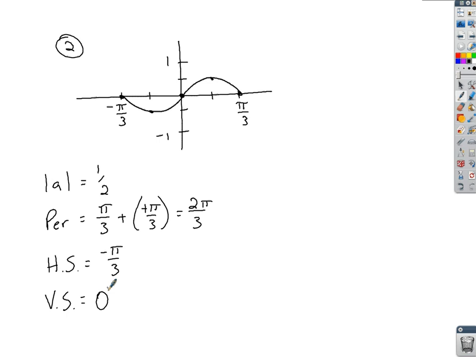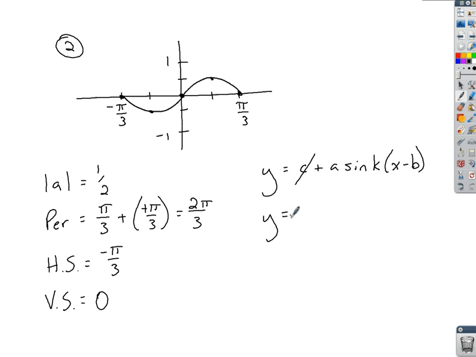So setting up your form now for the equation. It's a sine graph, so y equals c plus a sine of k times the quantity x minus b. Exact same form as the cosine, it's just now we're replacing cosine with sine. C we don't have to worry about because vertical shift is 0.